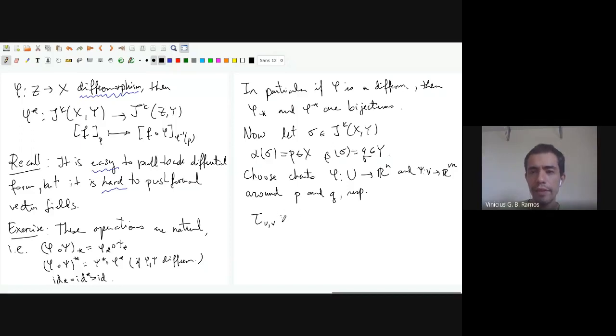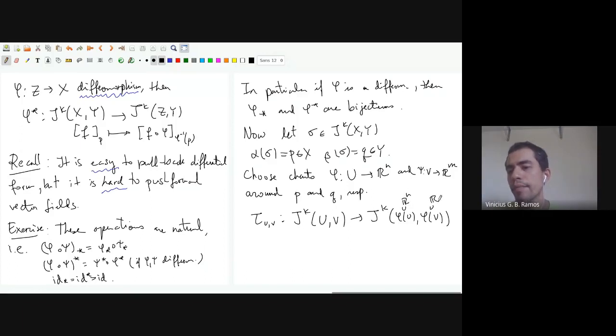Okay, and then the point is that now we have a map that goes from J^k of U, V to J^k of phi of U, psi of V. So these are open sets in R^n, and R^m. And what's the map? Well, the map is simply: you take some jet and you look at the pullback by phi inverse, and you look at the push forward.